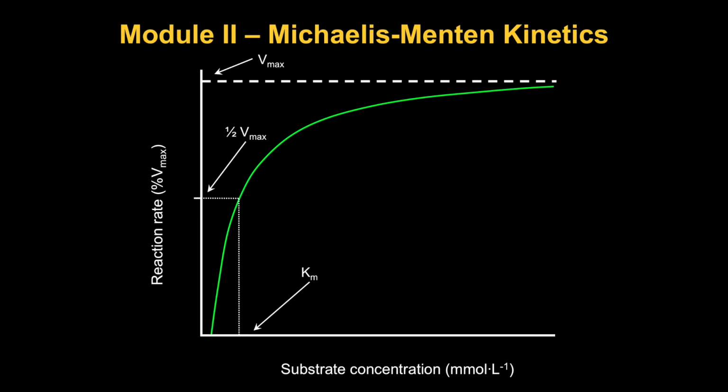You can see that the curve increases very, very rapidly towards Vmax. And so what you're trying to say here is that that particular substance is going to be easily transported or easily catalyzed by enzymes for whatever reaction you're talking about.